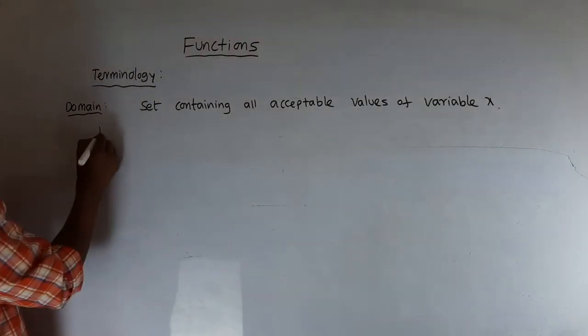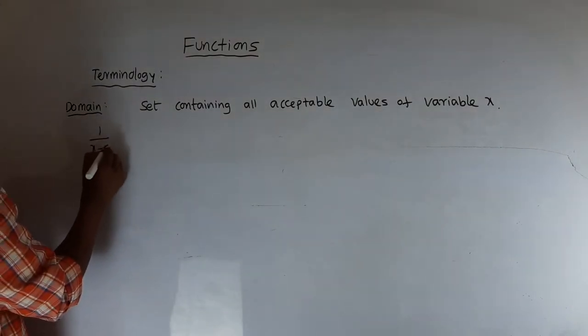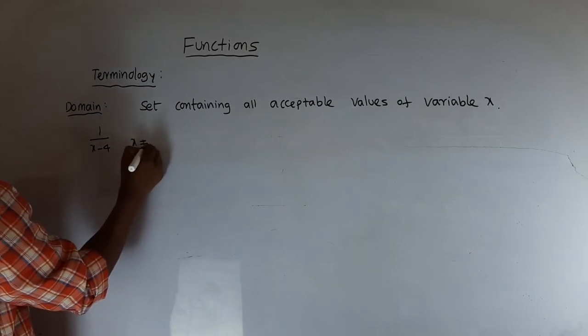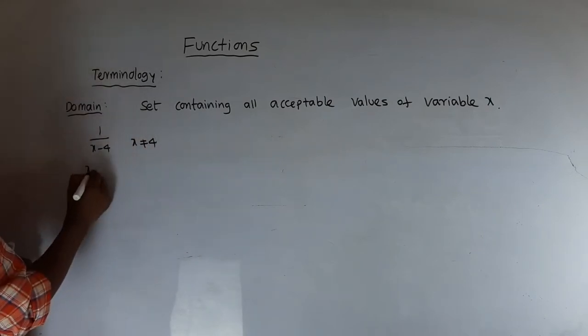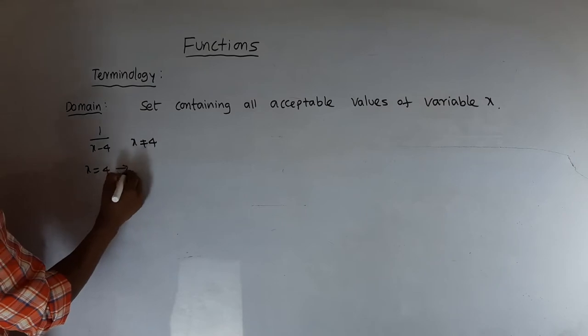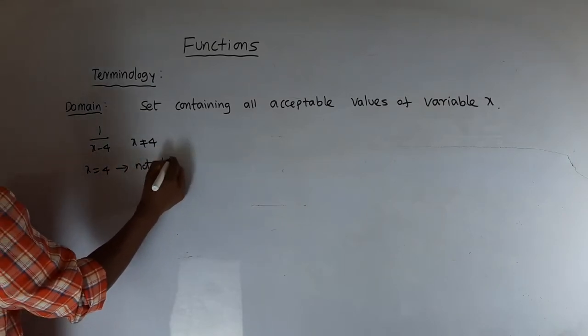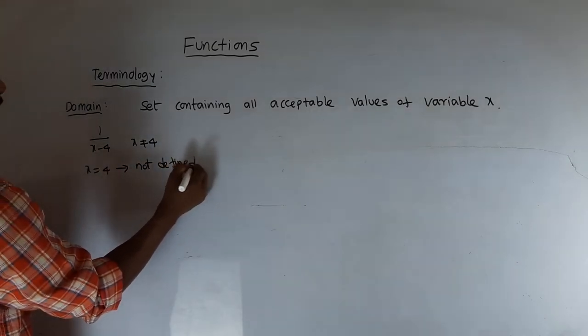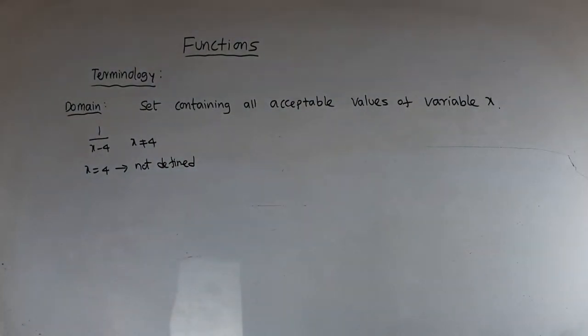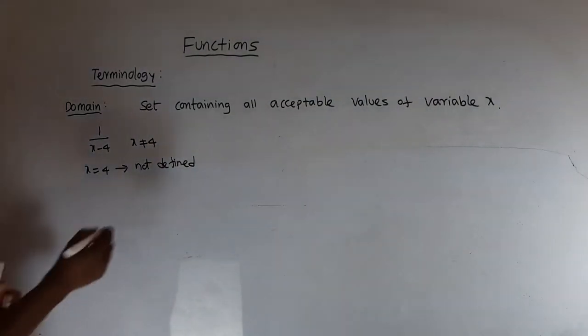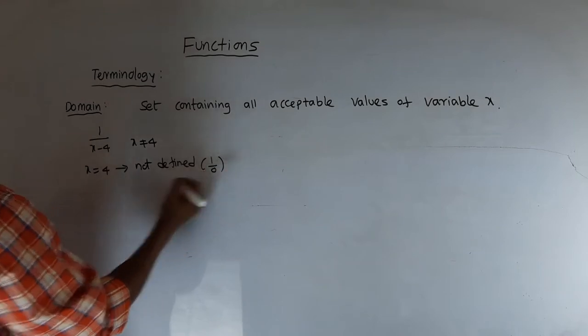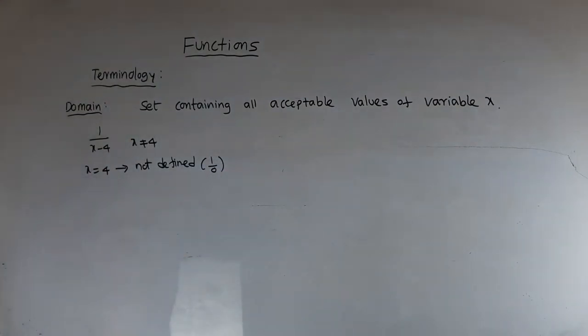For example, 1 by x minus 4. Here x not equal to 4. Here if x equals 4, function is not defined. Okay, x equal to 4, 1 by 0. 1 by 0 is undefined, not defined.